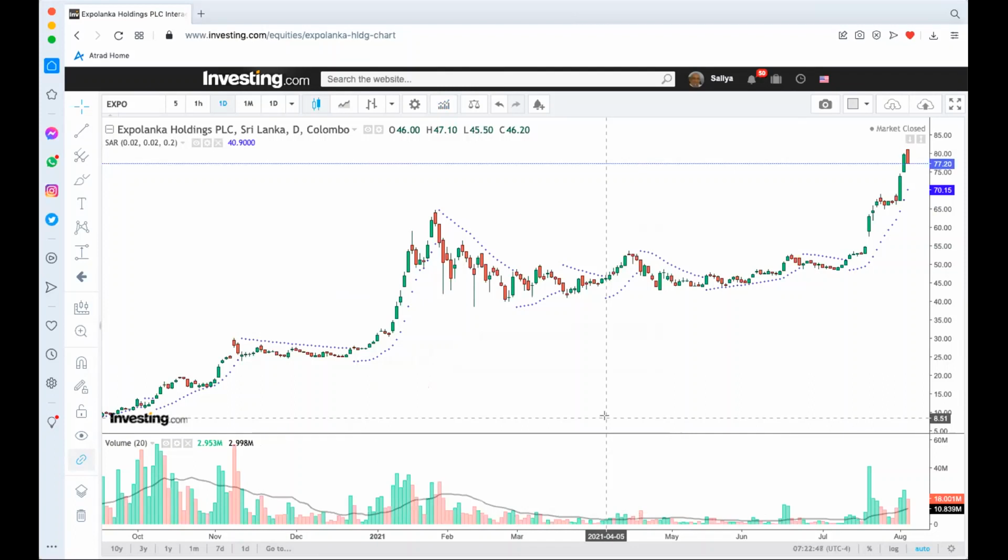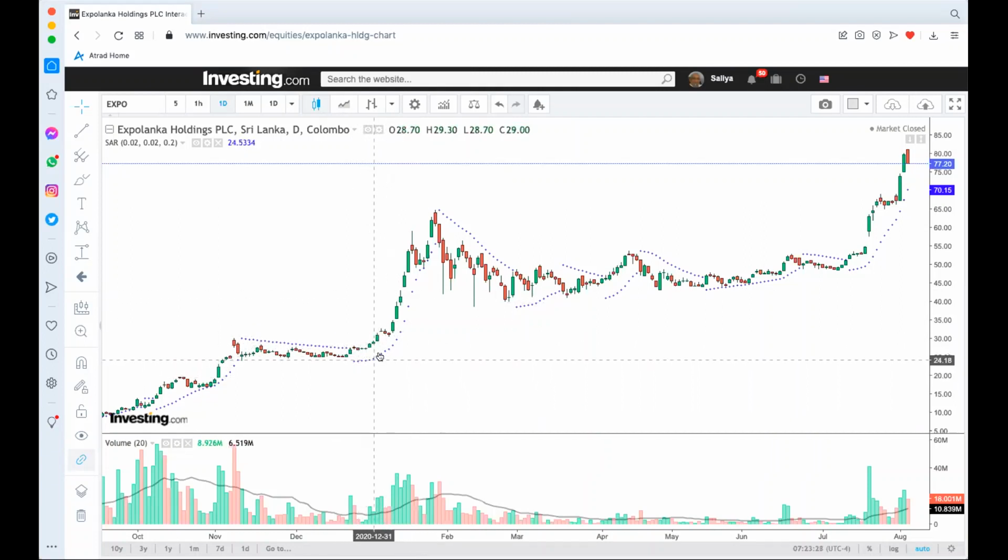In the case of the parabolic SAR indicator, you can see that the indicator, marked here as dots, appears at the bottom of the price when there is a reversal to the upside, and those dots will follow the price in that same direction, right? The prices are moving upwards.